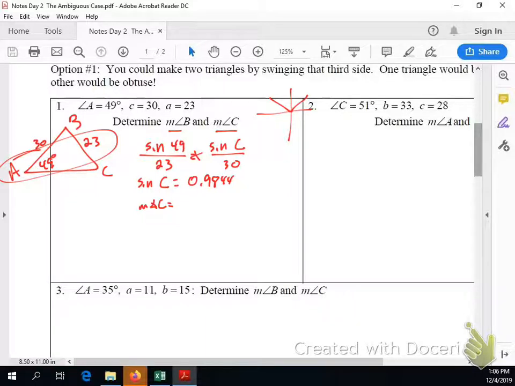So when I inverse sine this in my calculator, it will give me the angle in quadrant 1. So 79.87 degrees.